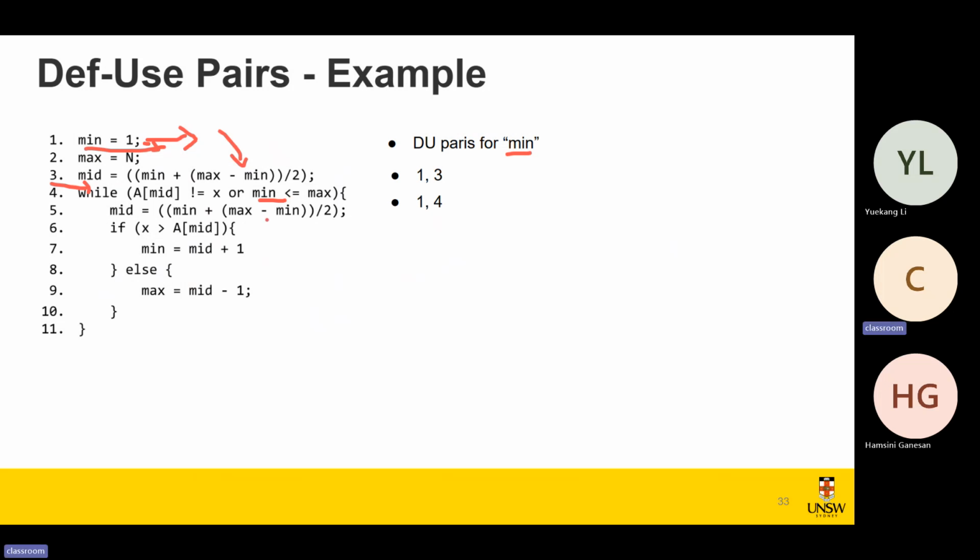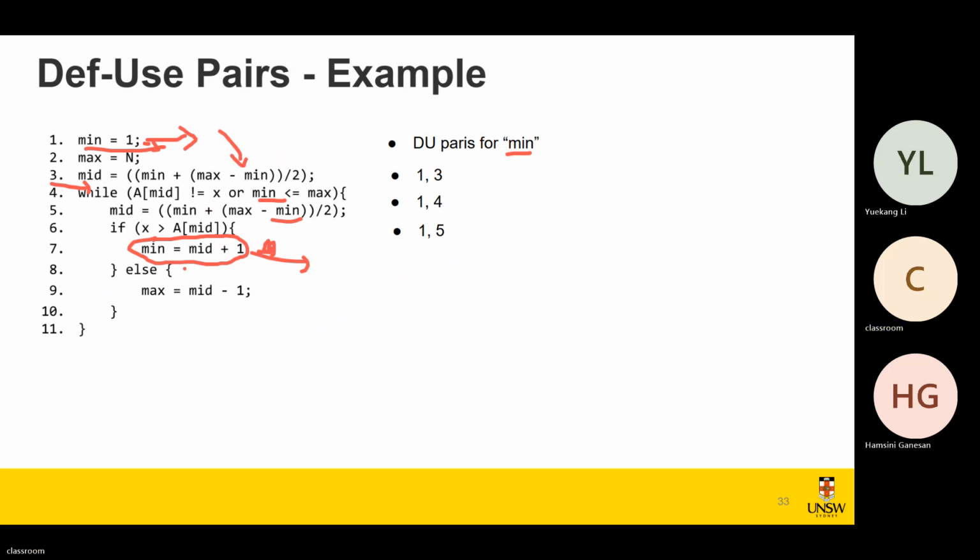And what about 1 and 5? Is it a valid def-use pair? It is, right? 1 and 5. What about 1 and 7? Is it a valid def-use pair? No, because 7 is redefining, right? And since 7 is redefining, we can use 7 as a starting point for finding more def-use pairs.